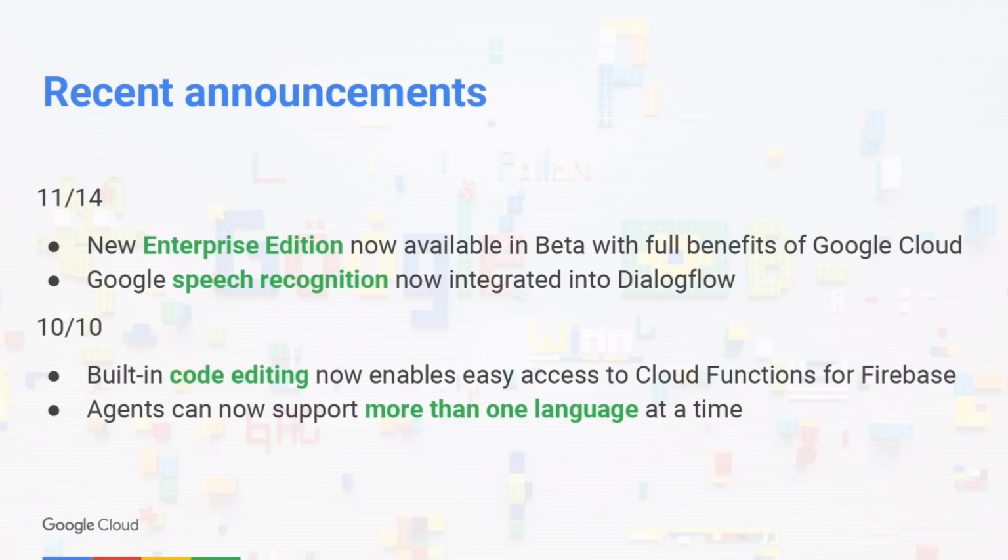Then in October, just prior to that, we announced a new built-in code editor that lets you build serverless functions from within Dialogflow, and capabilities for multilingual agents. So instead of creating one agent for French and one for English, you can now create one agent that can handle both.